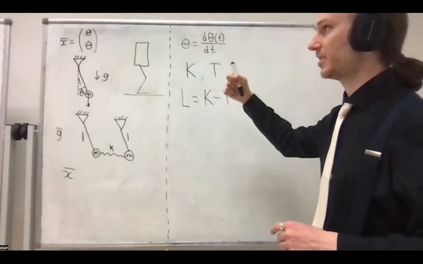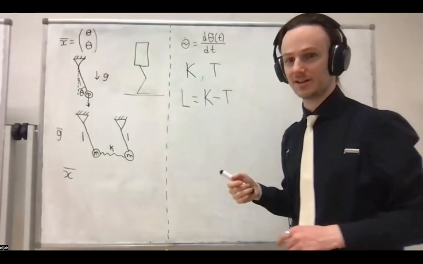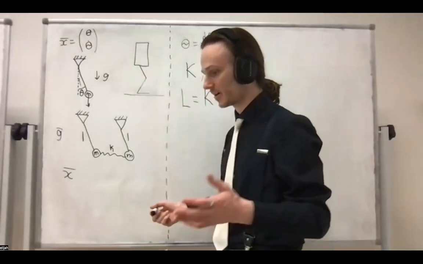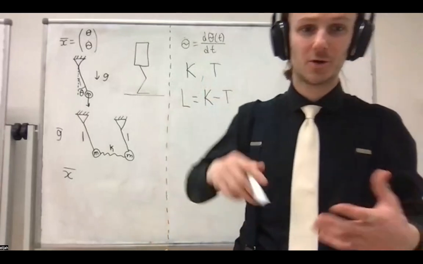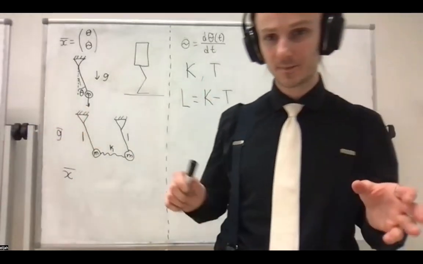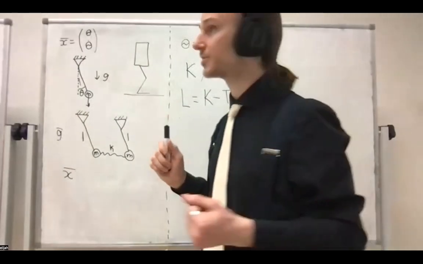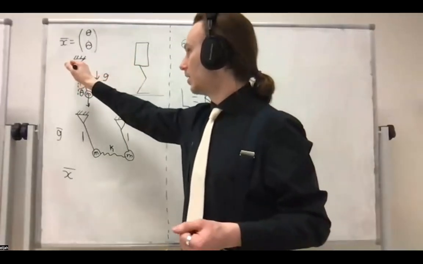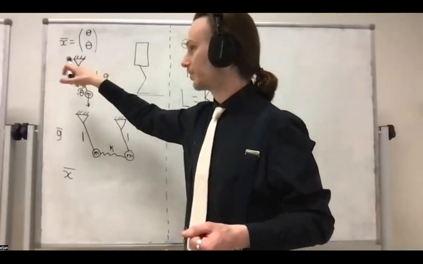And also we have to introduce a thing that is called generalized coordinates. They're generalized because they are basically generalizing the notion of linear coordinates. Now we have two types of coordinates, linear and rotational. So here we have 1 degree of freedom.